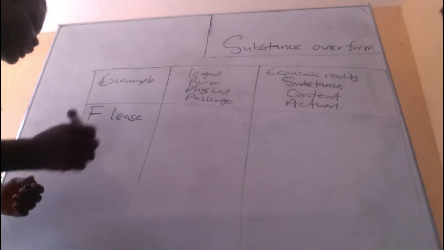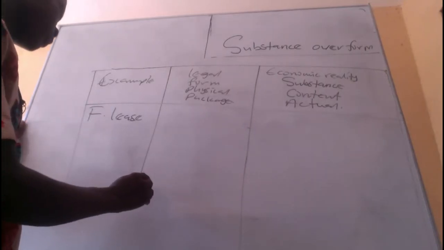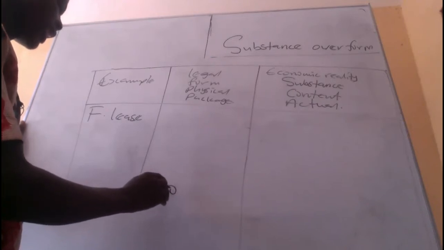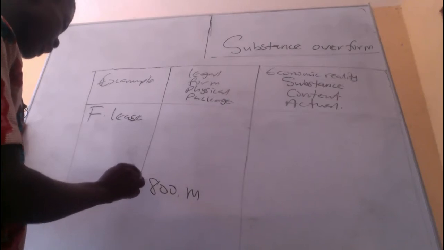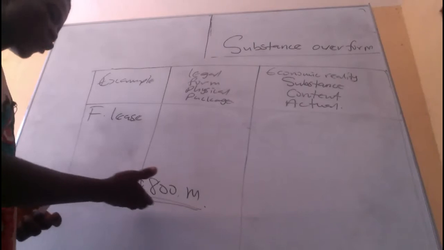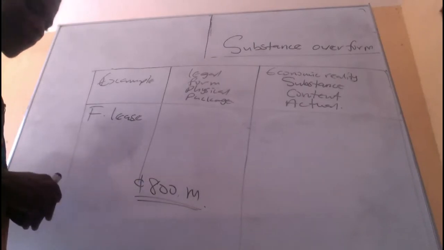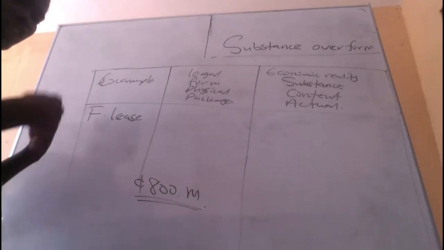The cash price is 800 million Ghana cedis. You cannot afford 800 million Ghana cedis at a go, as an outright purchase.